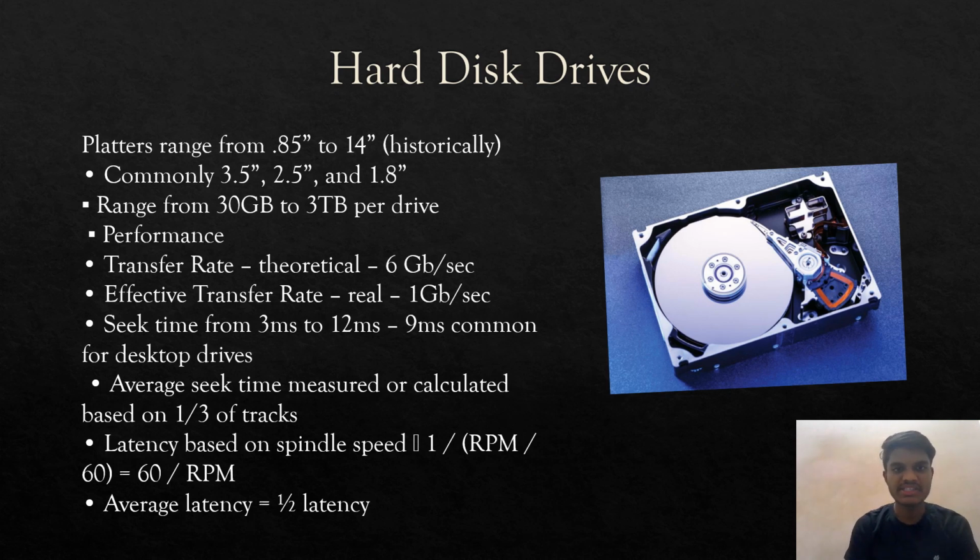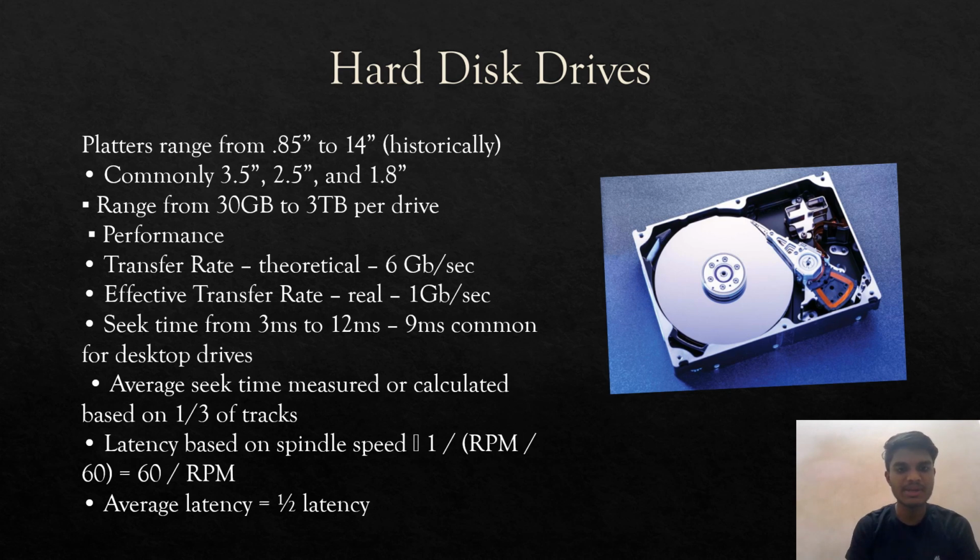Next, hard disk drives. The platters range from 8.5 to 14 inches, commonly 3.5, 2.5 and 1.8 inches, and drives range from 30 GB to 3 TB. It gives good performance, with a transfer rate of 6 Gb per second and an effective transfer rate of 1 Gb per second.